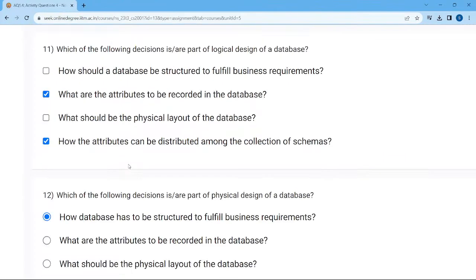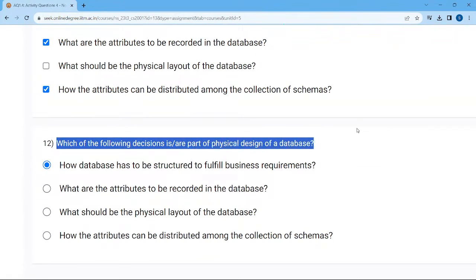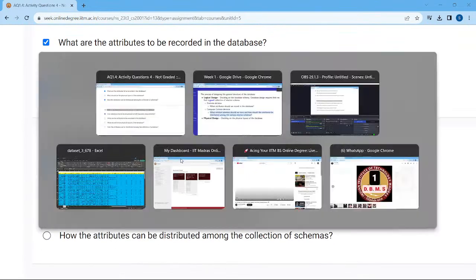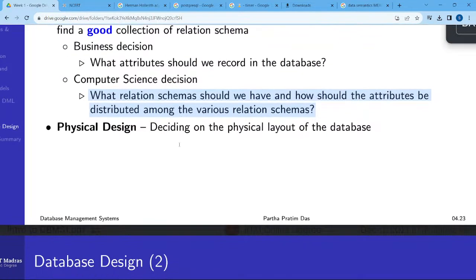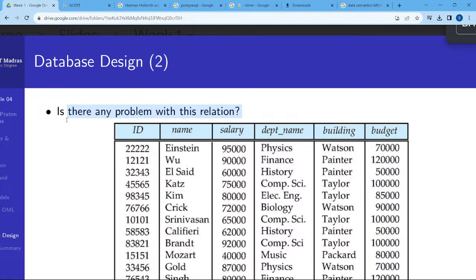Okay, let's move forward. Which of the following decisions are part of physical design of database? Wait a second, is it just the same question? Okay, this is physical design, that was logical design. Deciding the physical layout. Is there a problem with relation?